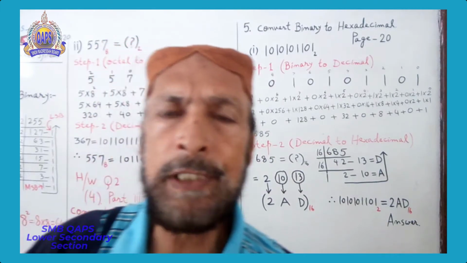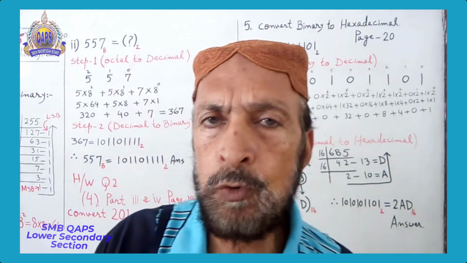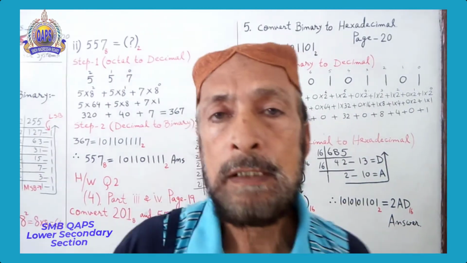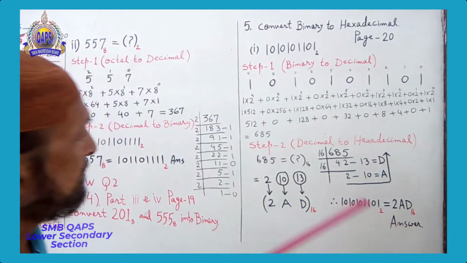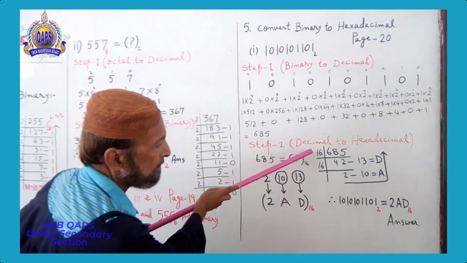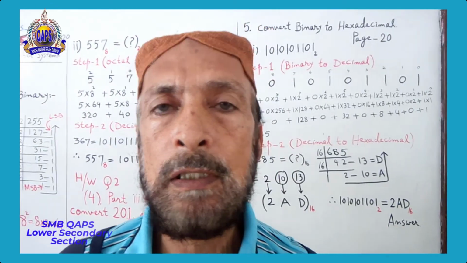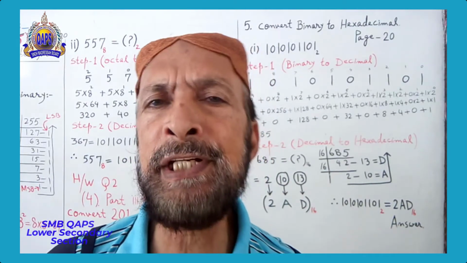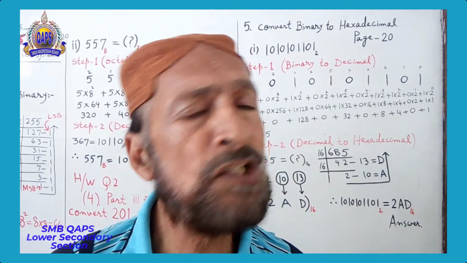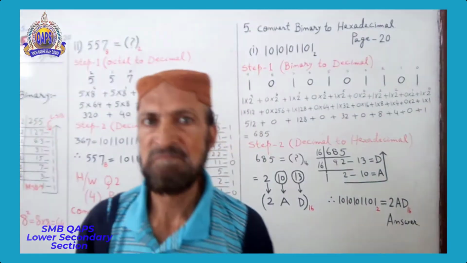Now we will convert it into hexa. We will have to divide it by 16. Divided by 16. Why 16? Why not 15? Why not 17? Answer.